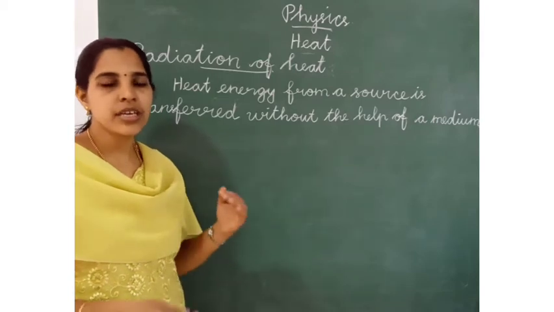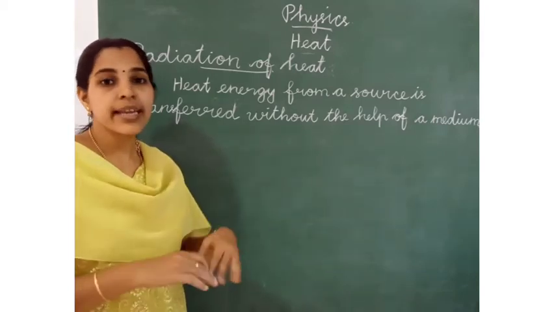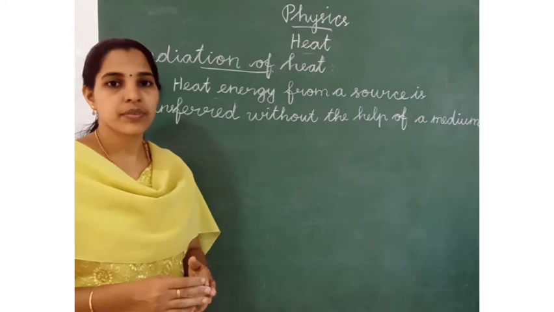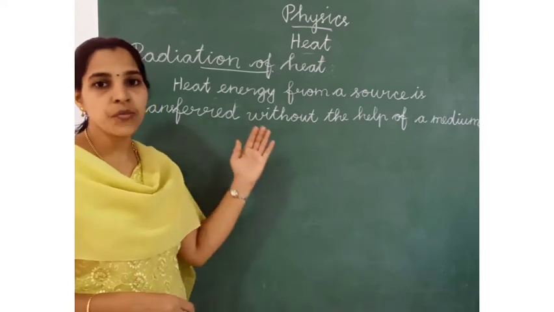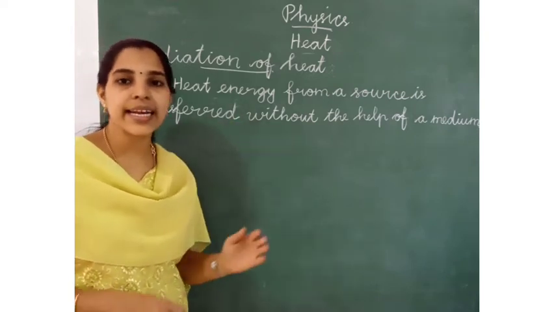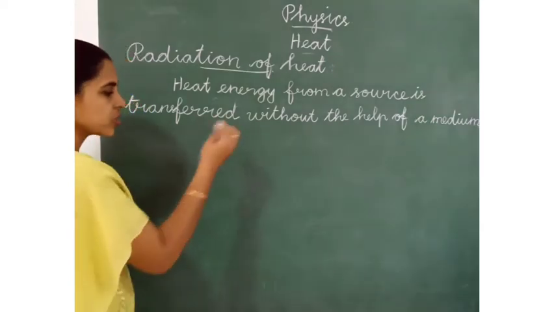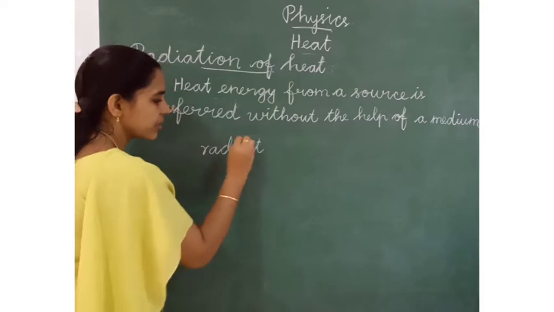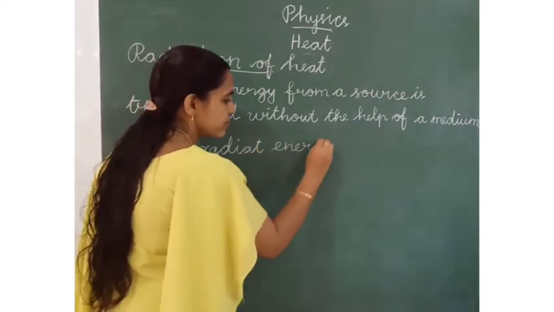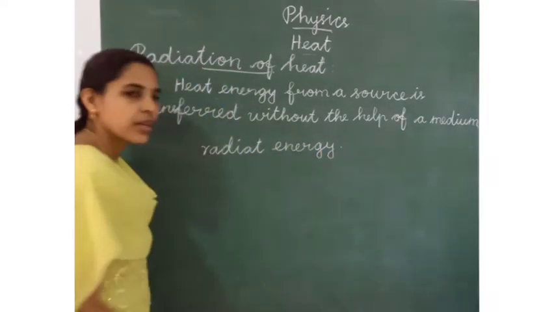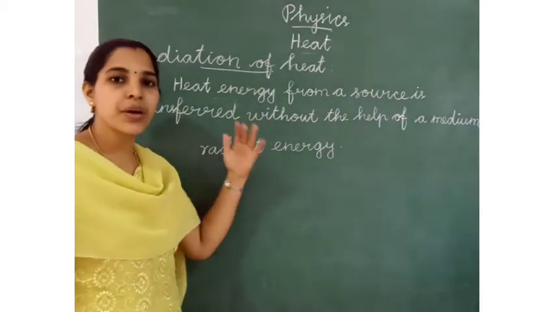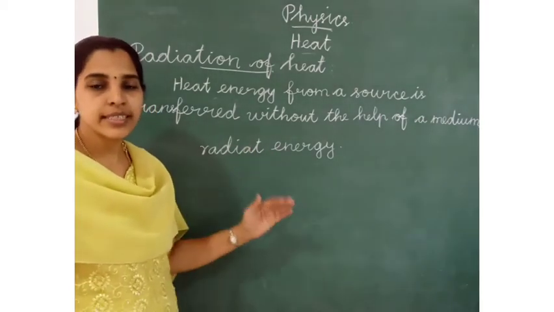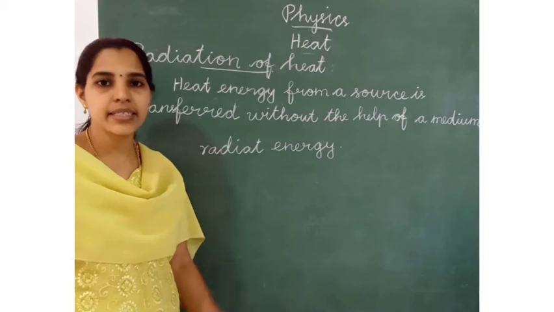This radiation occurs in all directions. The energy of radiation is called radiant energy. We get heat from the sun, and that energy is called radiant energy.